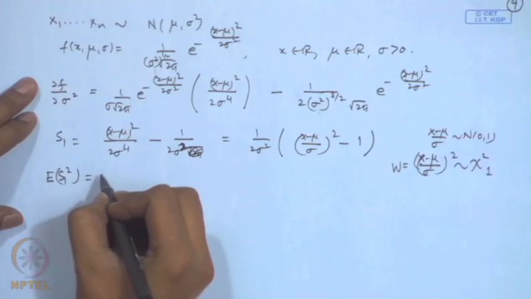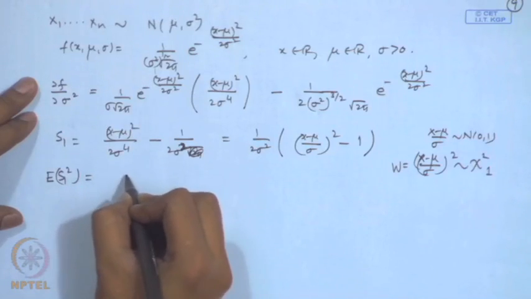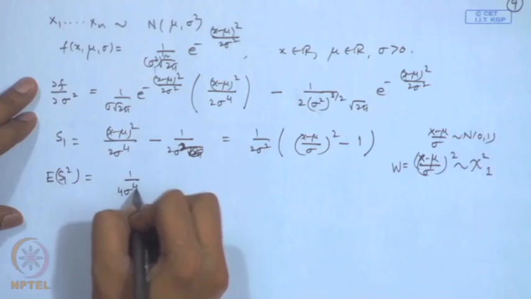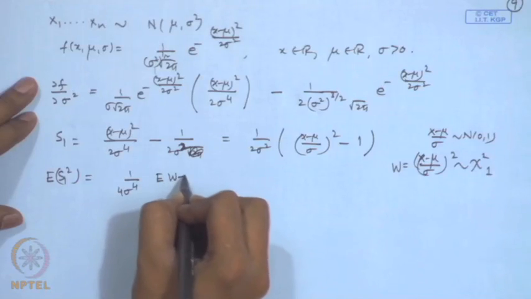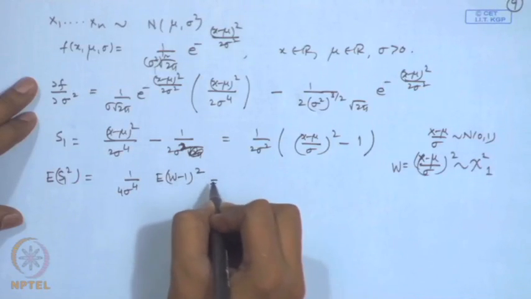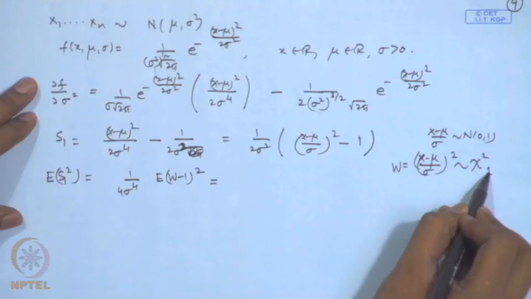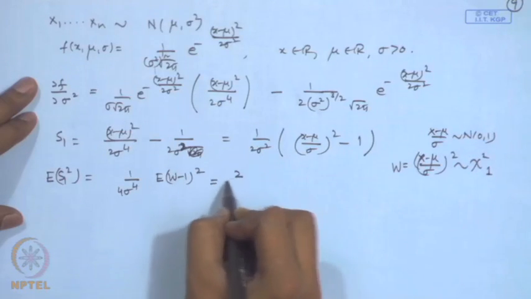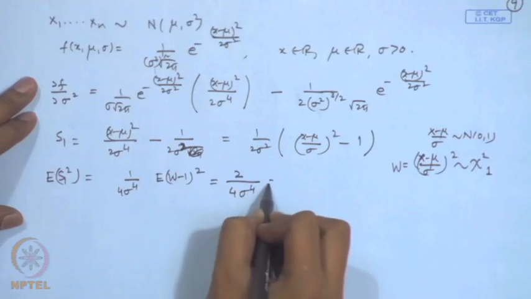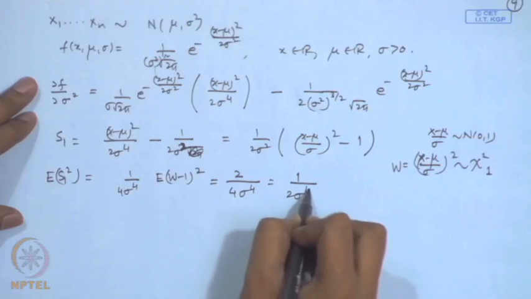So, expectation of S1 square can be written as 1 by 4 sigma to the power 4 expectation of w minus 1 whole square. So, if w is chi square 1, expectation of w is 1. So, this is the variance term. So, that becomes 2 by 4 sigma to the power 4, that is 1 by 2 sigma to the power 4.